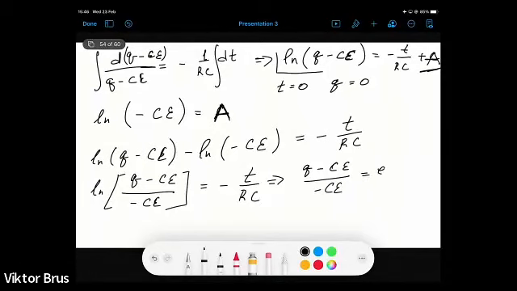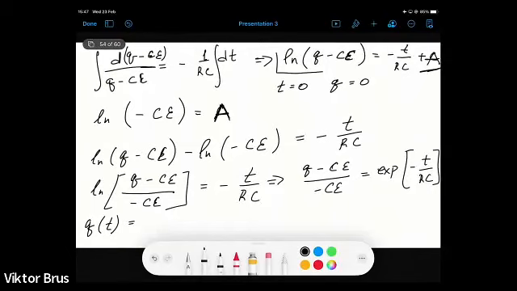It is equal to exponent of minus t divided by rc. And now we can express q as a function of time.